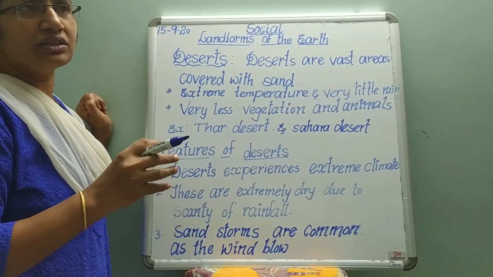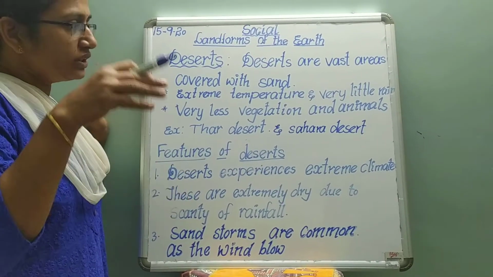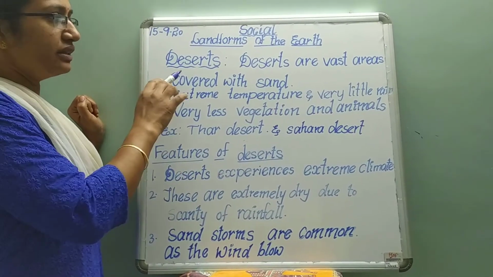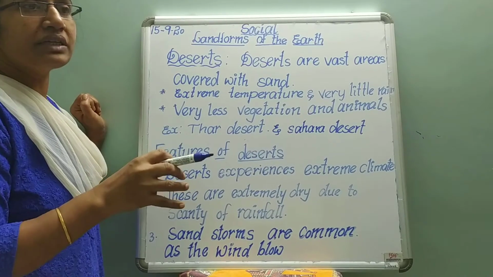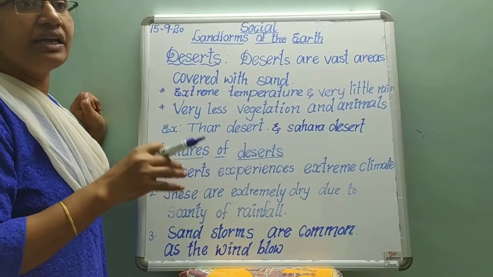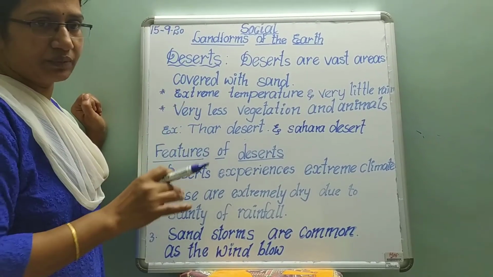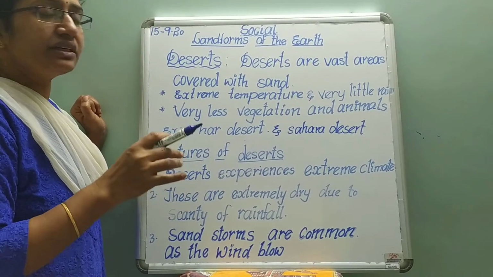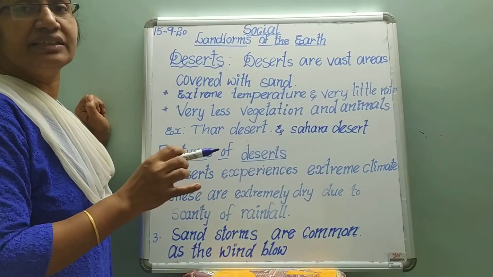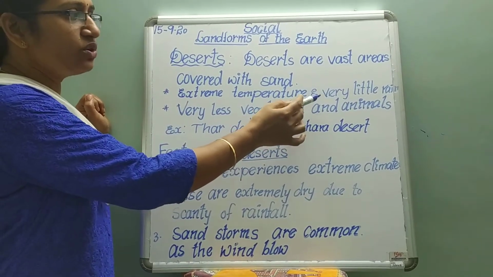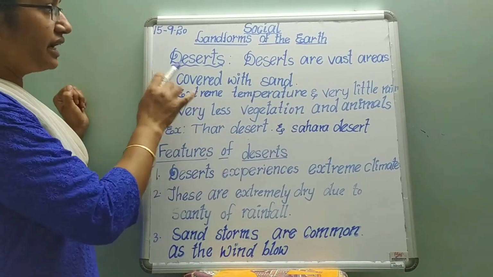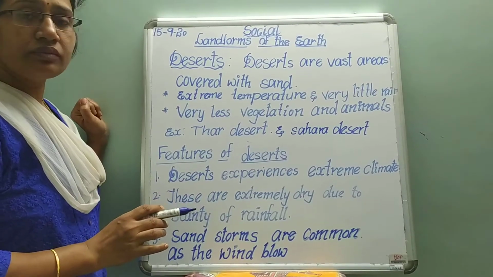Sometimes we get sprinkles of rain, and in the same way the deserts receive very little rainfall. Sometimes even that rain won't be there. So we can say scanty rainfall will be there in the deserts.